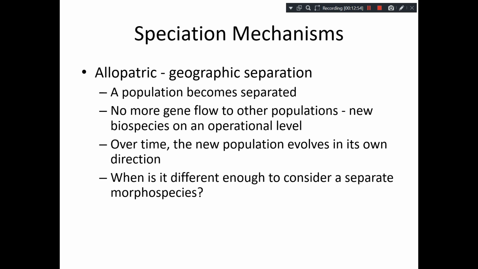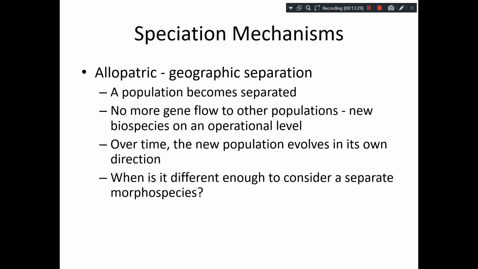Though both of them are compatible with each other, because of the geographic separation, gene flow is not possible between the native population and the newly emerged population in a totally new area. Over time, what happens? This new population evolves in its own direction.